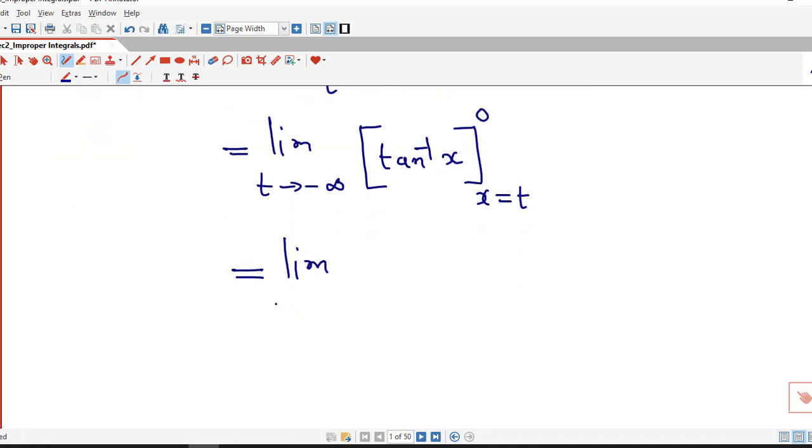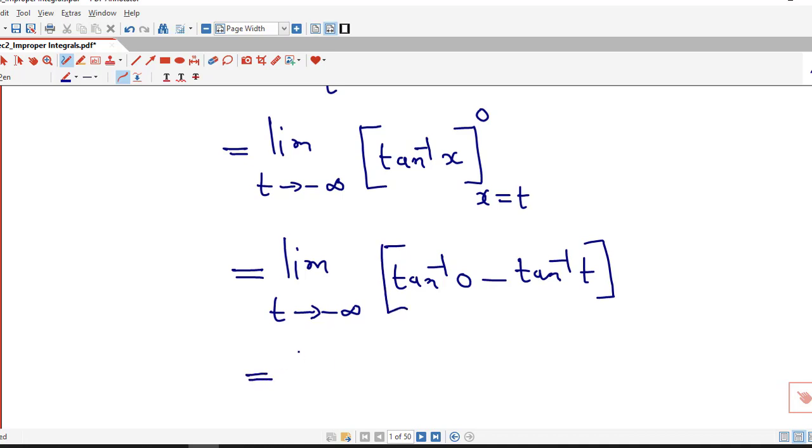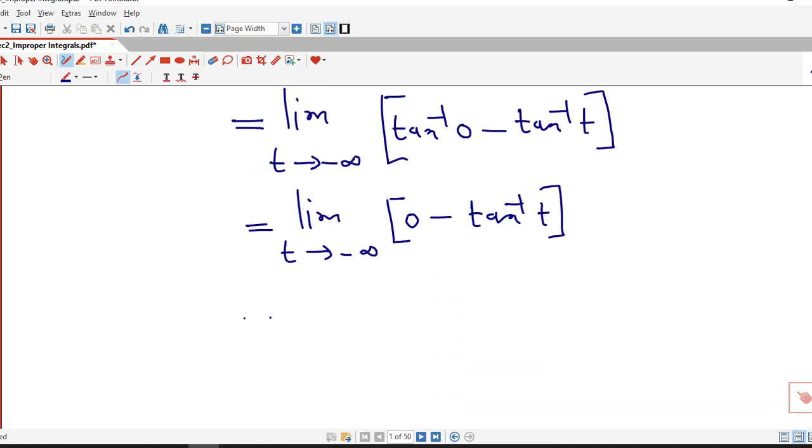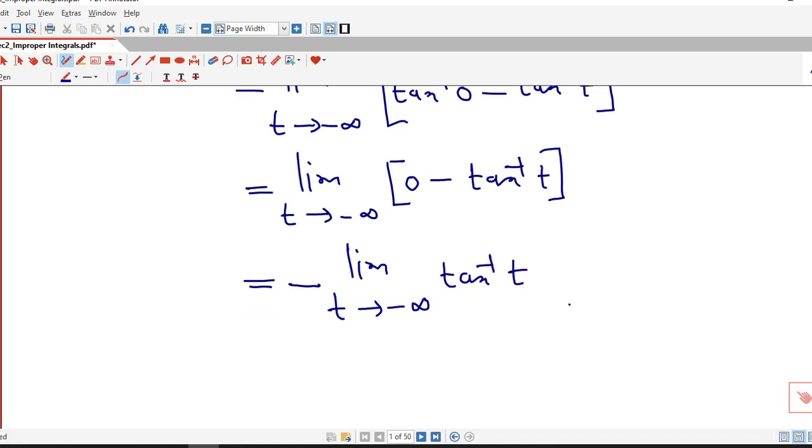For the upper limit we have tan inverse 0 minus tan inverse t, and tan inverse 0 is 0 because tan 0 is 0. So this we can rewrite as the limit of minus tan inverse t as t tends to minus infinity.